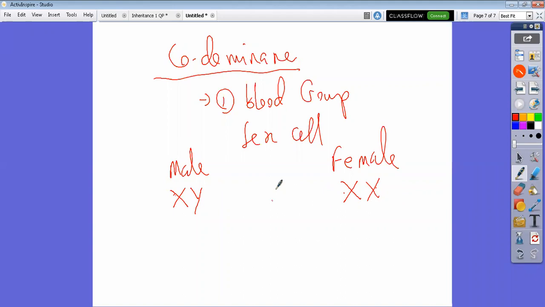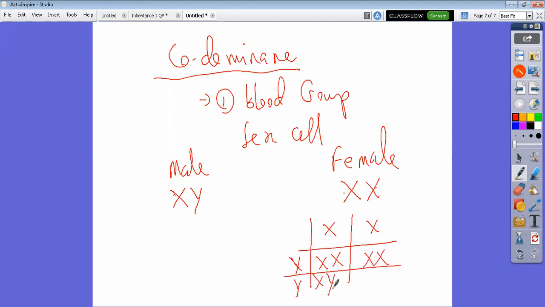And if we do crossing here, in terms of your probability, you get XX, XX, XY, XY. It's always 50% male, 50% female.